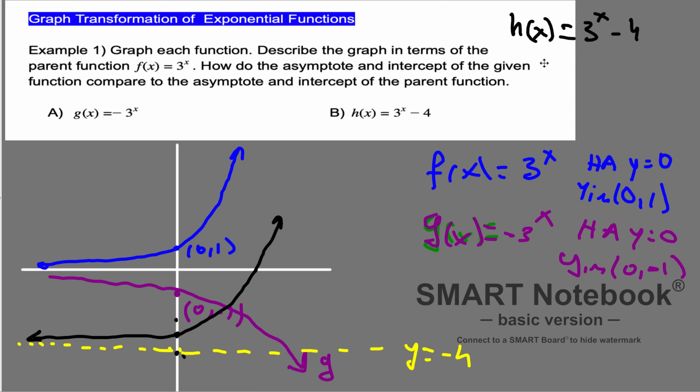So the horizontal asymptote is y equals -4, and the y-intercept is (0, -3), because here it was 1 unit, 2 units, 3 units, and 4 units down. If we want to find the x-intercept, we need to use logs, but later on we are going to introduce logs.